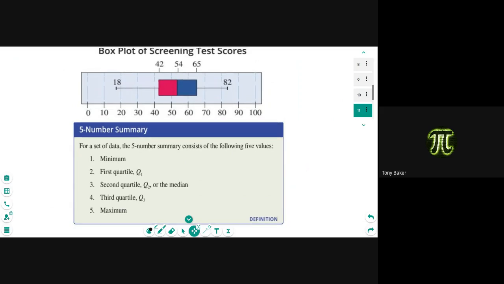If you look at this box and whisker plot at the top, you will see the 5 numbers that we just got. The minimum is 18. The first quartile Q1 is 42. The second quartile or the median is 54. The third quartile is 65. And the maximum was 82. That is known as a 5-number summary, those 5 pieces of information.